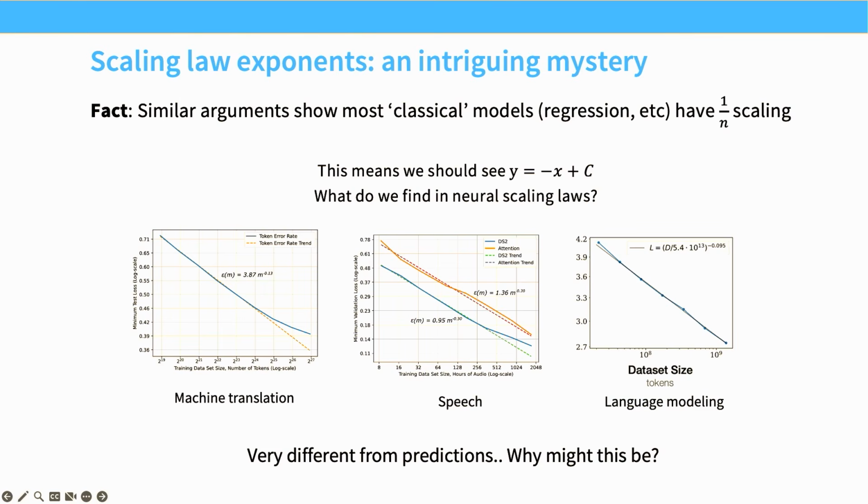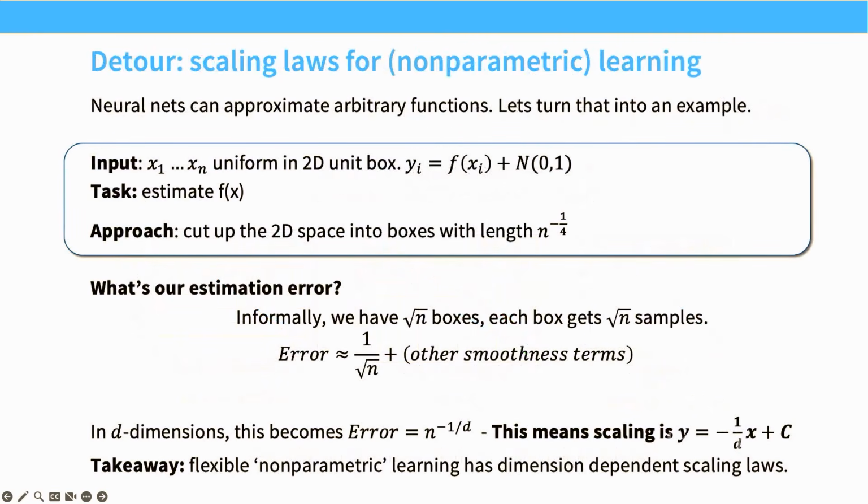Now, this is kind of interesting. It's saying that we're getting these nice polynomial rates, but the exponents are not so great, right? They're -0.1. Where might you get an estimation rate like this? Well, you would get this if your model was more non-parametric. I promise this will be the last statistics slide of this lecture. Let's say that I want to estimate, instead of a mean, an arbitrary smooth function.